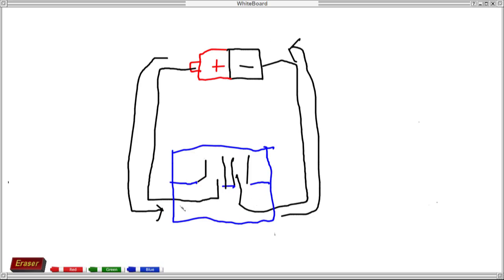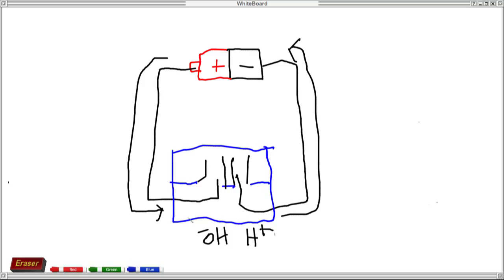But in the process, on one side it'll collect hydroxide ions, and on the other side it'll collect the hydrogen ions.